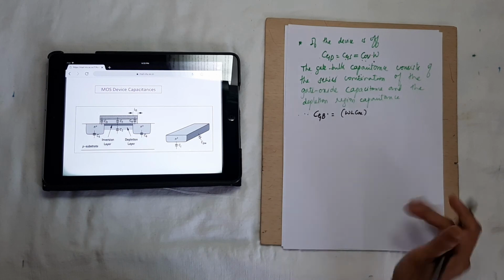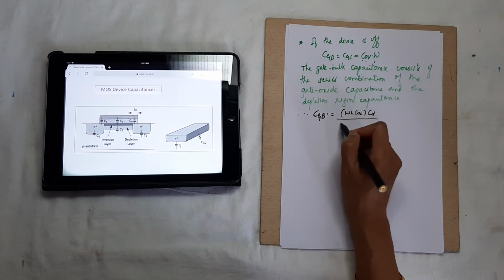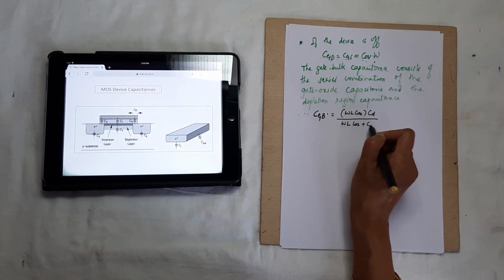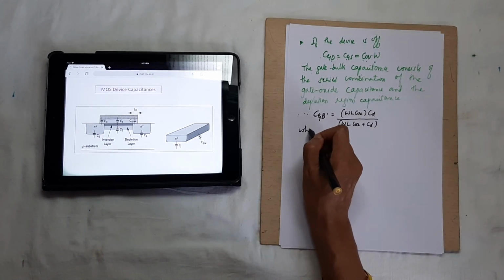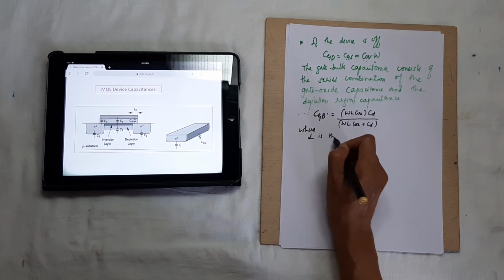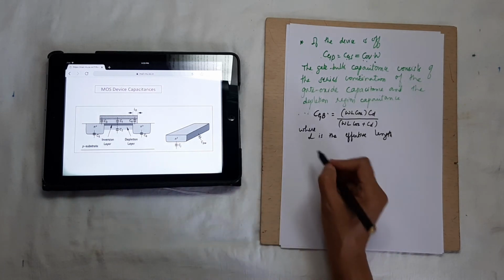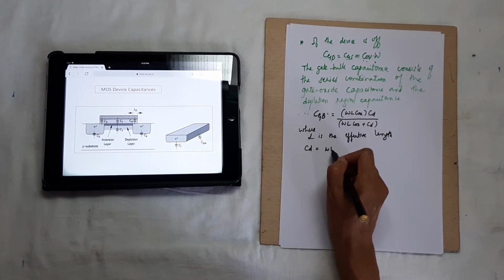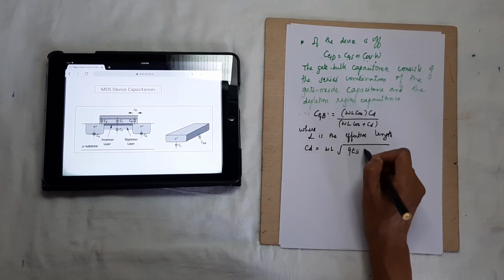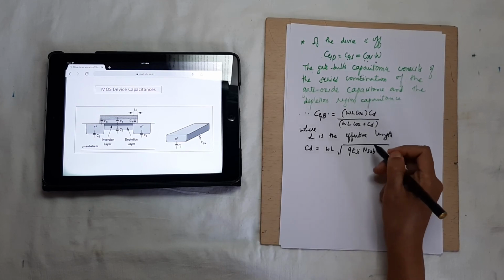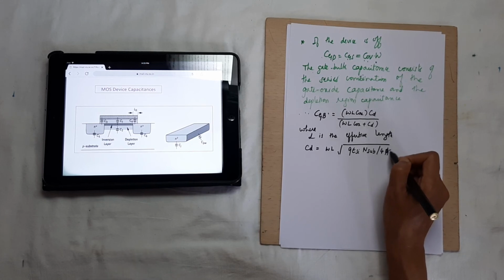Then C2 is nothing but the depletion region capacitance CD, so CGB is WL Cox times CD divided by WL Cox plus CD, where L is the effective length, and the CD equation is given as W into L times square root of q epsilon Si N sub A divided by 4 phi f.